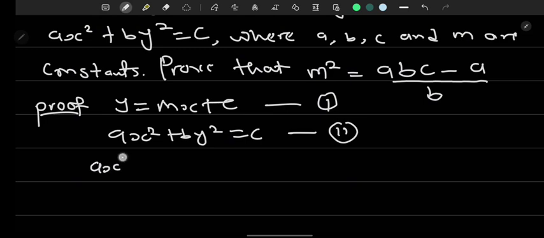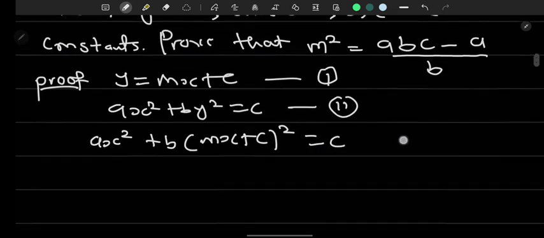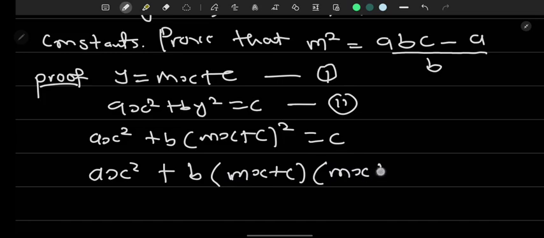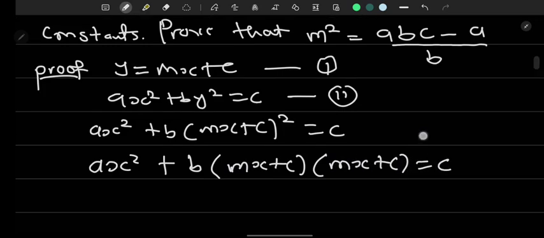So for that, you have ax squared plus b in brackets, where y is mx plus c, all squared equals c. So this is ax squared plus b times the expansion of mx plus c squared, which can be written as mx plus c times mx plus c, equals c.